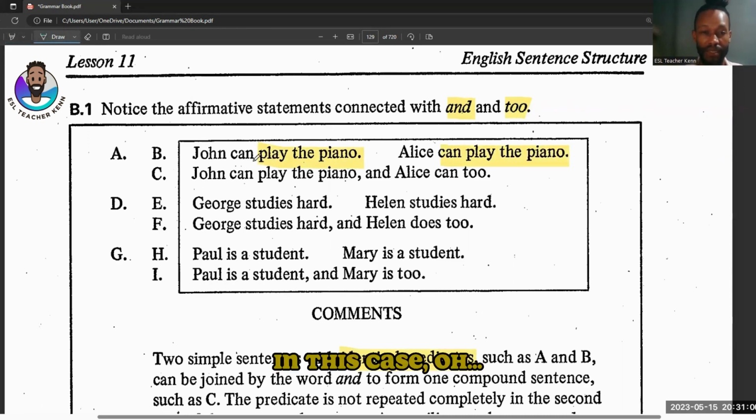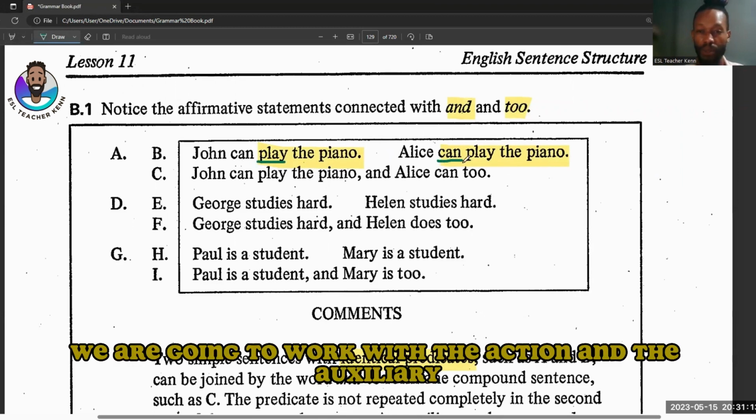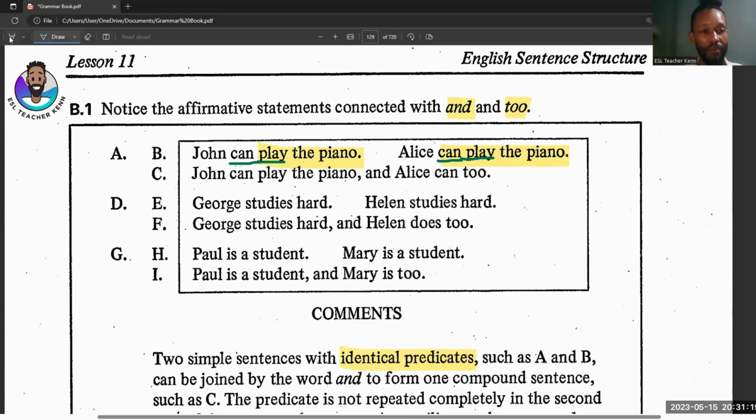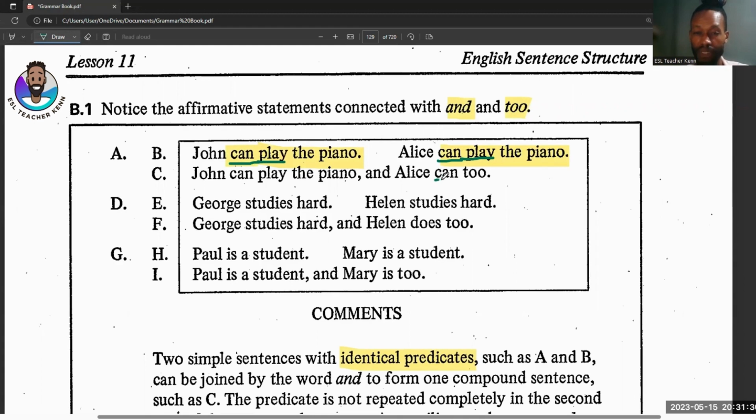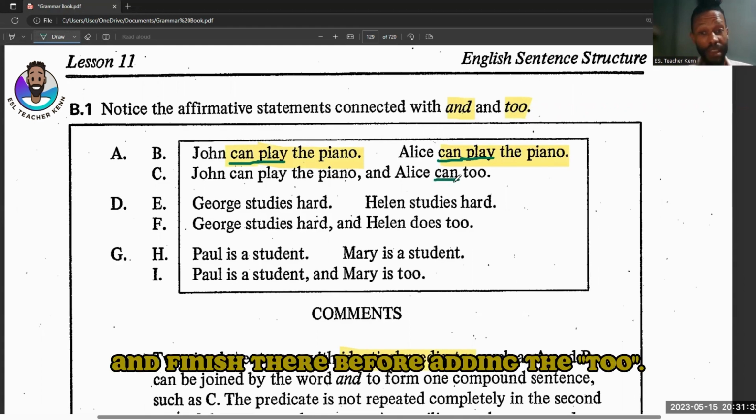In this case, we're going to work with the action and the auxiliary. That is what we're going to allow to have, let's say, repeated. Always focus on the auxiliary and finish there before adding the "too."